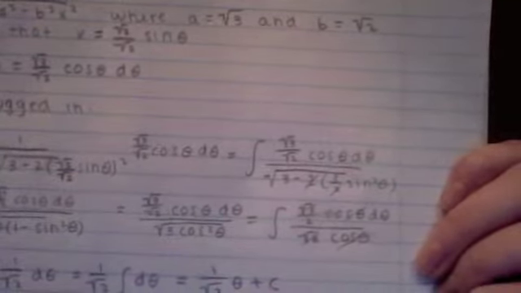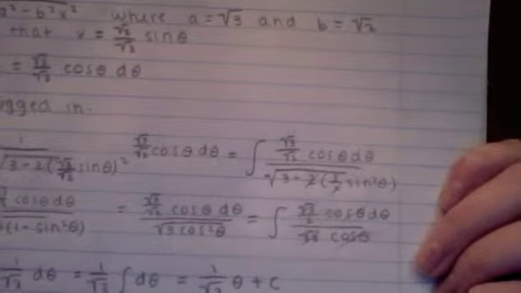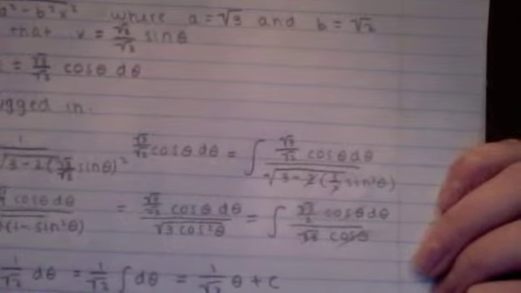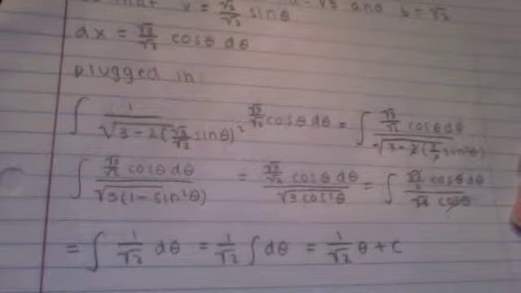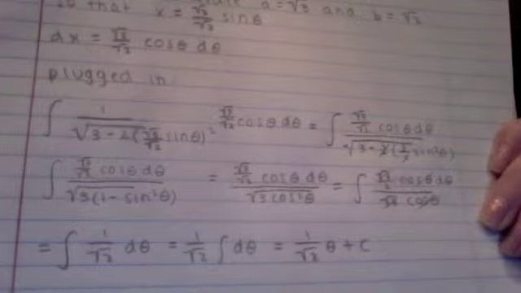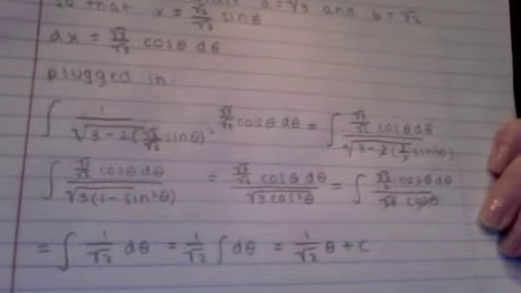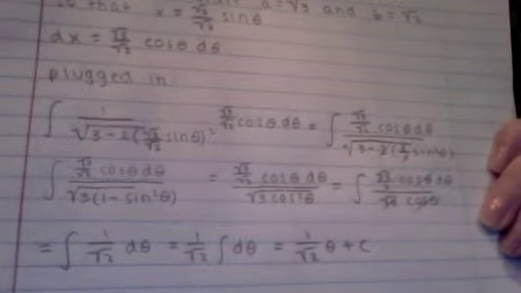And there is a square root of 3 times cosine theta on both the numerator and the denominator. You can just cancel those out to get a much simpler version, which is the indefinite integral of 1 over the square root of 2 d theta. And then using your knowledge of integrals, you can get 1 over the square root of 2 theta plus c.